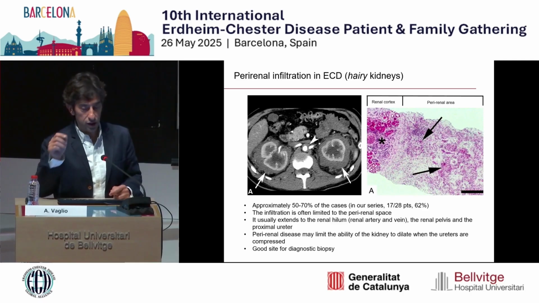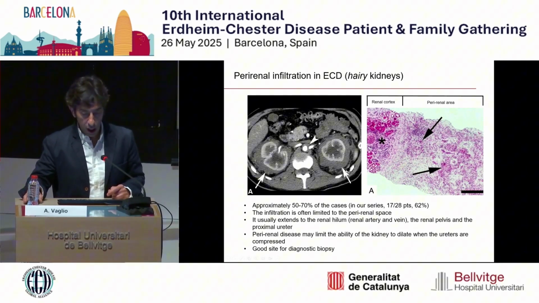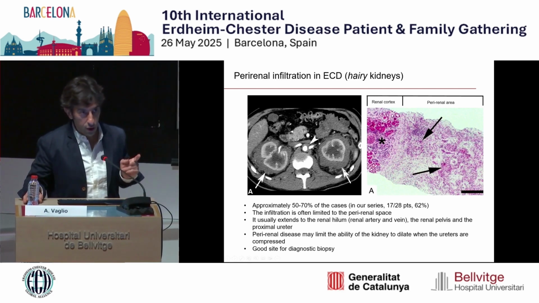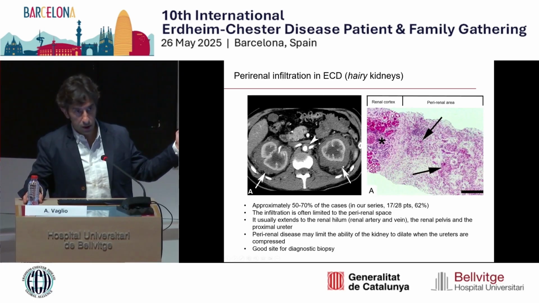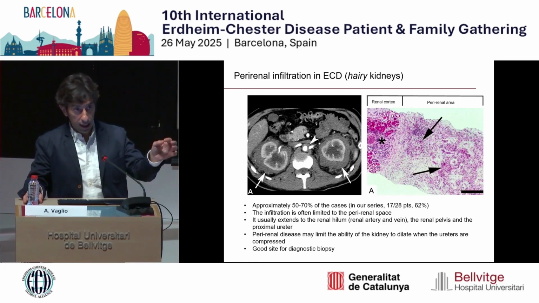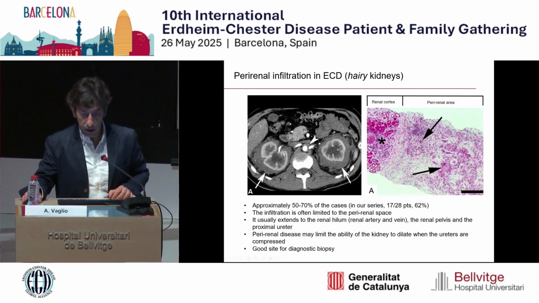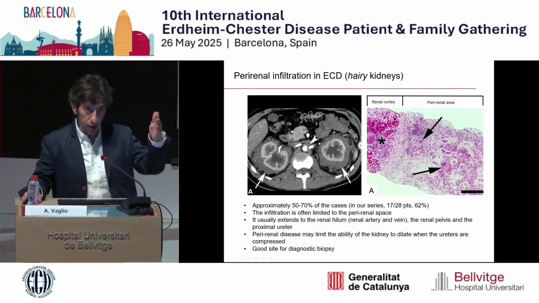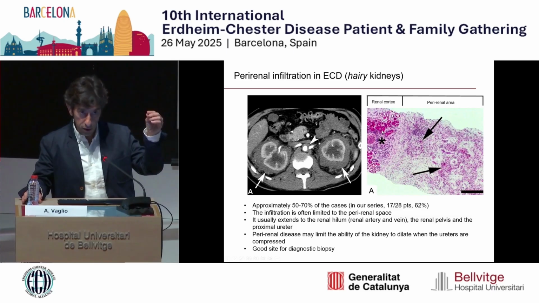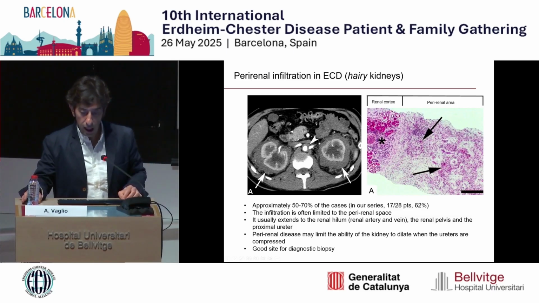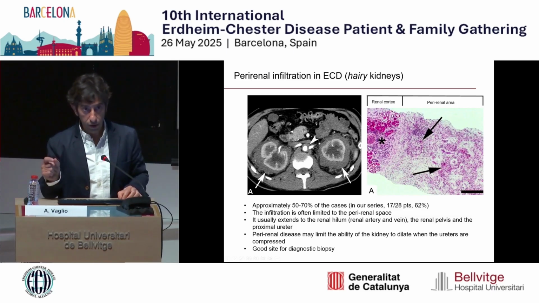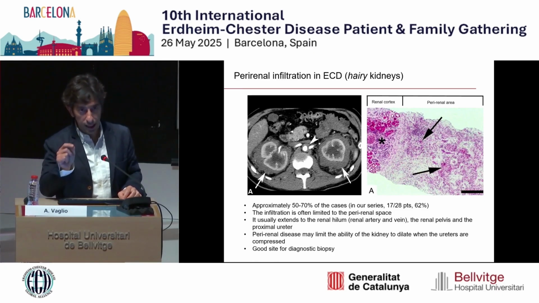It's a good site because we can do a percutaneous biopsy, meaning that we punch a needle in the back and we reach this tissue through the skin under a computed tomography guide, and we can get a good piece of tissue, where you can see here, which might include a marginal area of kidney tissue, kidney parenchyma, but mainly it gets the perirenal disease, so the heart of the pathologic infiltration.